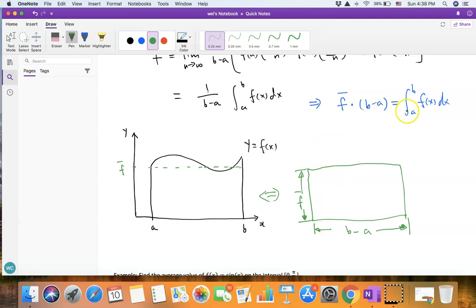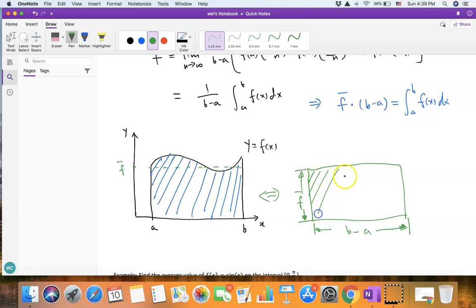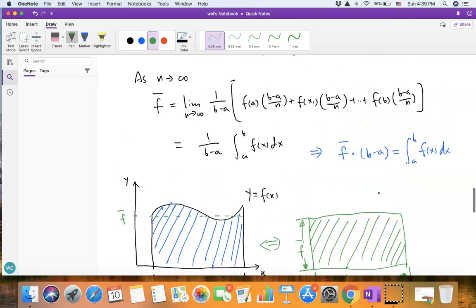So the area of this bounded region and the area of this rectangle are the same. They are the same. Okay.